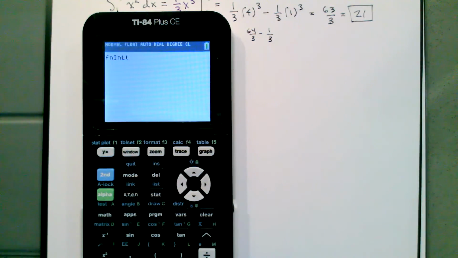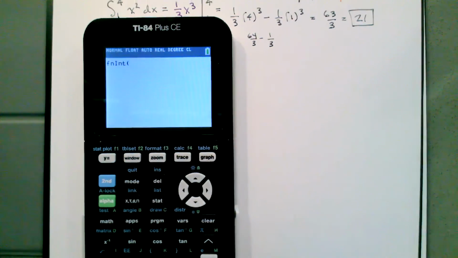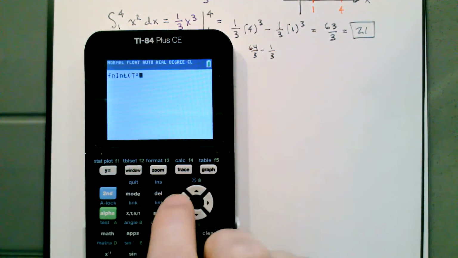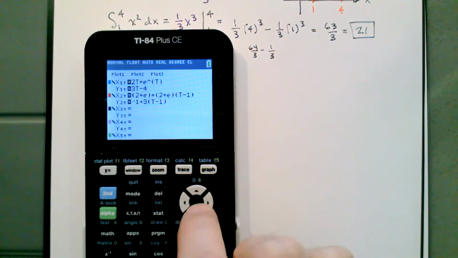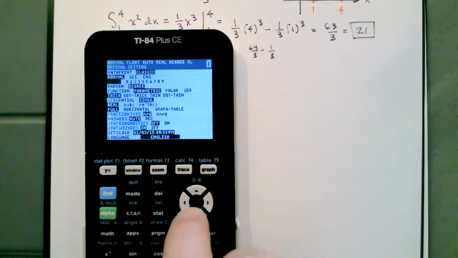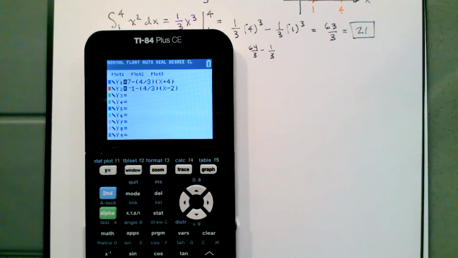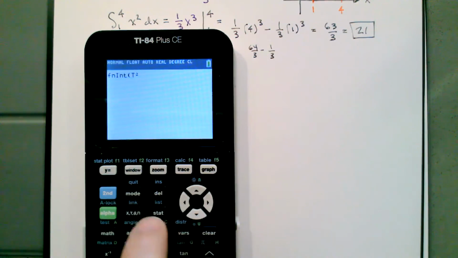The syntax for the numeric integral command is we start off with the function, integrate x squared. Oops. I am currently in parametric mode. Go back to function mode. There we go. So we calculate a numerical integral of x squared dx.